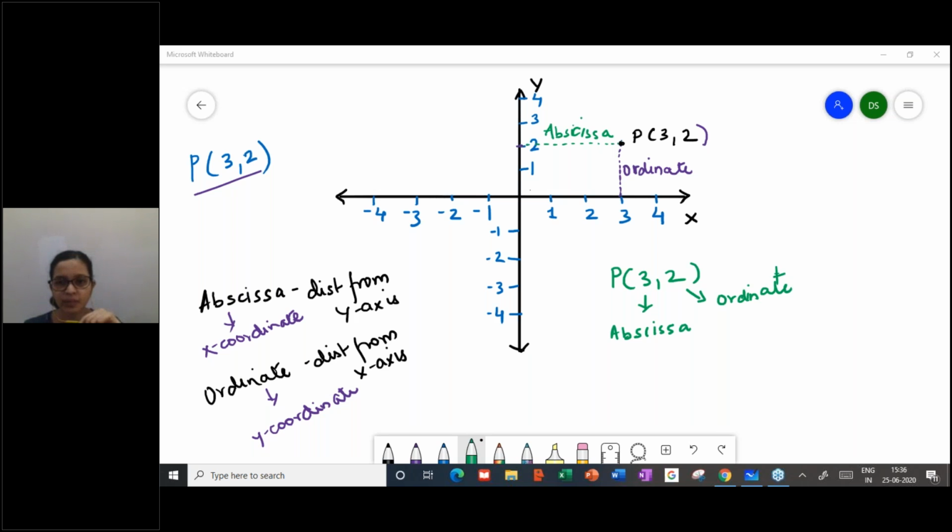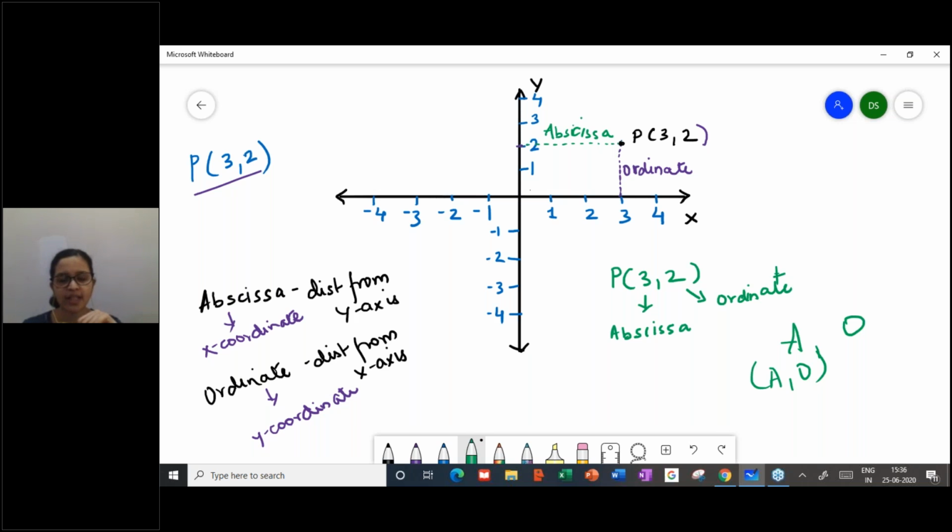So remember, one is A and one is O. Which comes first in the alphabet? A comes before O, right? So the point is nothing but A comma O. Just a trick; if you have your own way of remembering it, nothing like it. But if you feel confused, you can always use this logic, right?